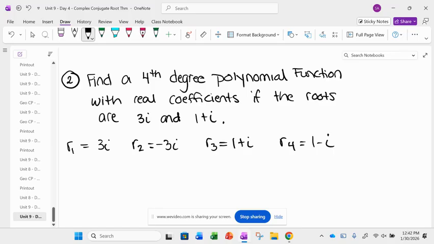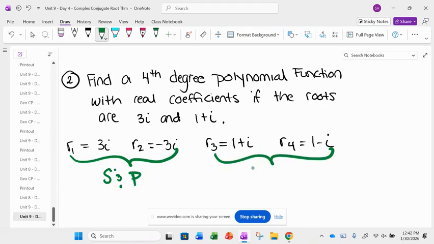Find our factors how? Tyler? And use what? Yep, exactly. So I'm going to use sum and product for these two roots, and then I'm going to use sum and product again for these two roots, and that's going to give us the factors that Maya said we should find.